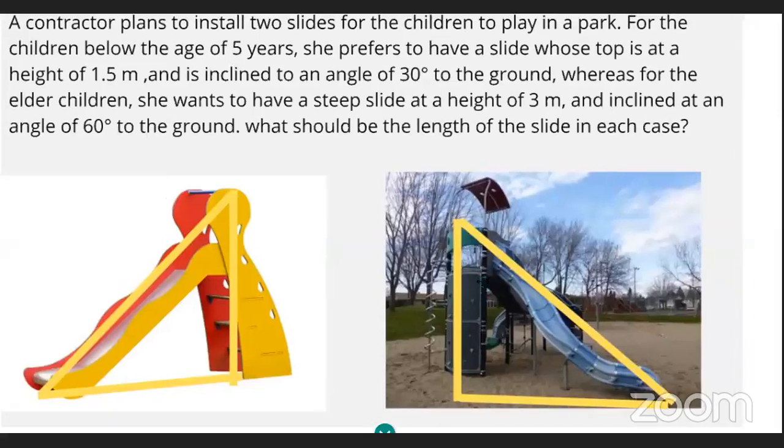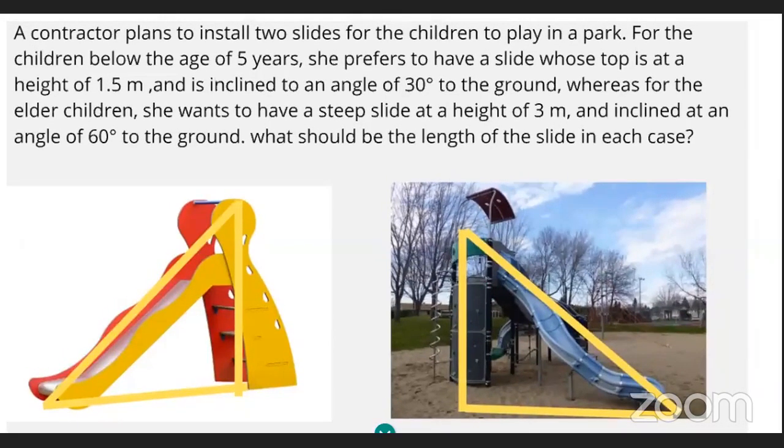Okay. Now, they are saying a contractor wants to install 2 slides for the children. This is your NCERT Exercise question number 5. So there are 2 slides. One for an age limit of 5 years.